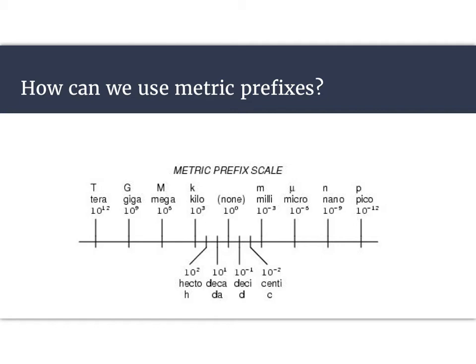So, how can we get started? Let's say I have 1 kilometer, and I want to figure out how many millimeters there are in that kilometer. I'm going to use this scale right here.